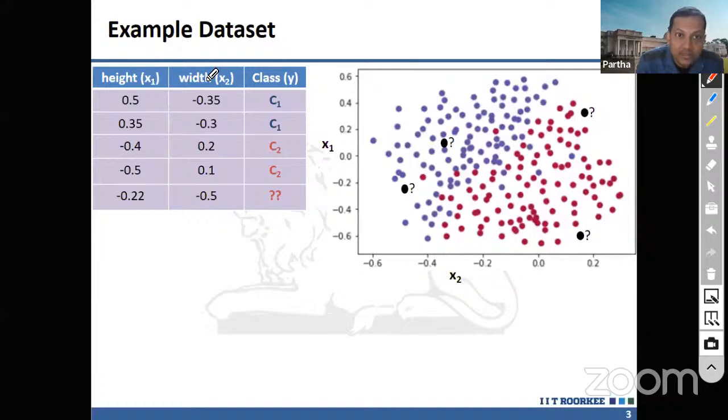The x1 feature is height, and then x2, and then we have the class label y. Let us consider that this information is all normalized by z-score normalization, which means the mean is 0, and it is normalized with the variance as well.